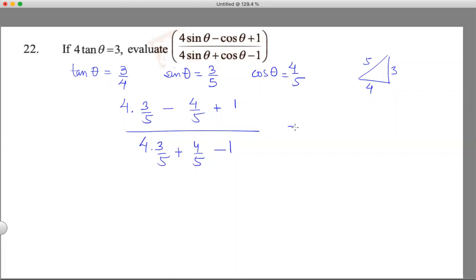Okay, we multiply by 5 on both the sides, so we get 12 minus 4 plus 5 and 12 plus 4 minus 5.